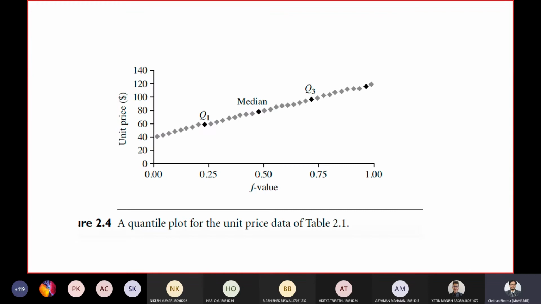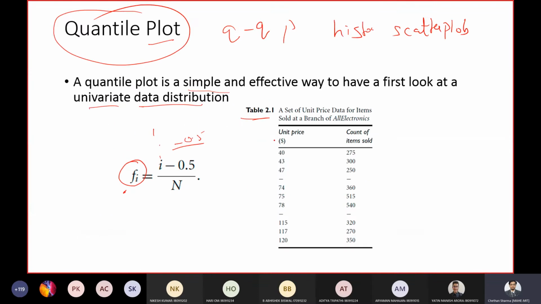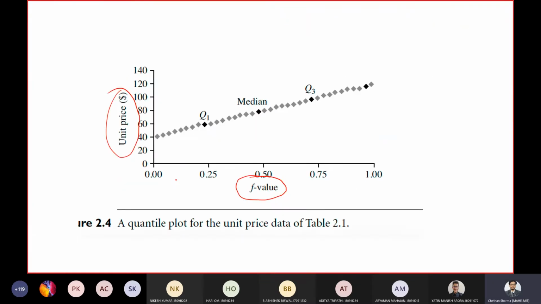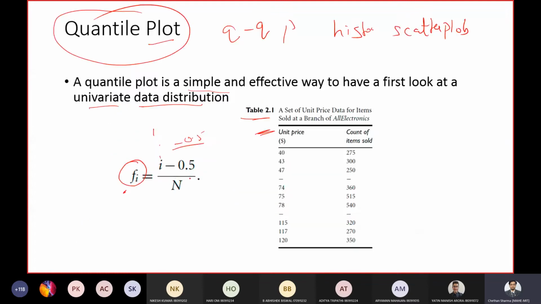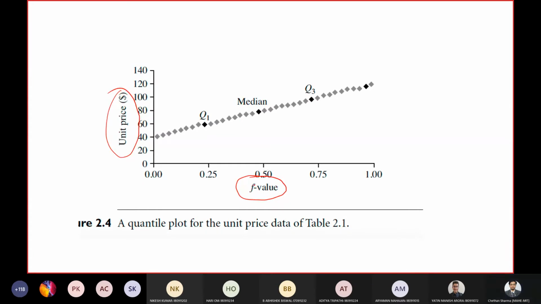So when you plot this f value against unit price, as far as this table is concerned, you have to first calculate the f value for all the values, and then plot your unit price versus f value graph. So you will be getting a quantile plot.